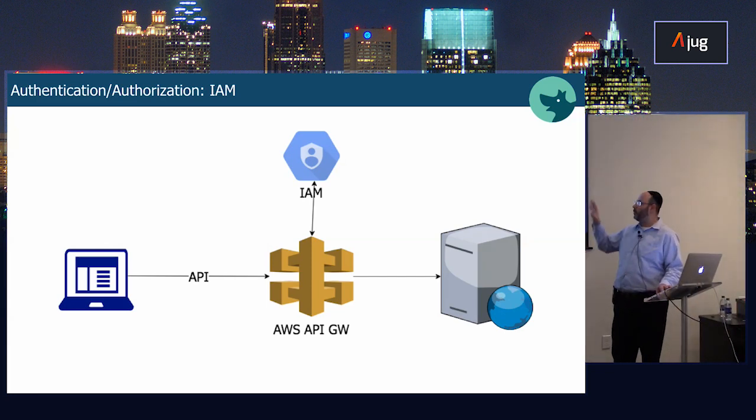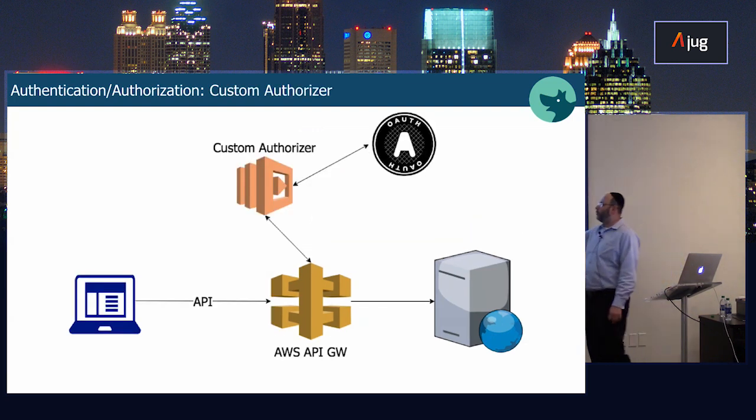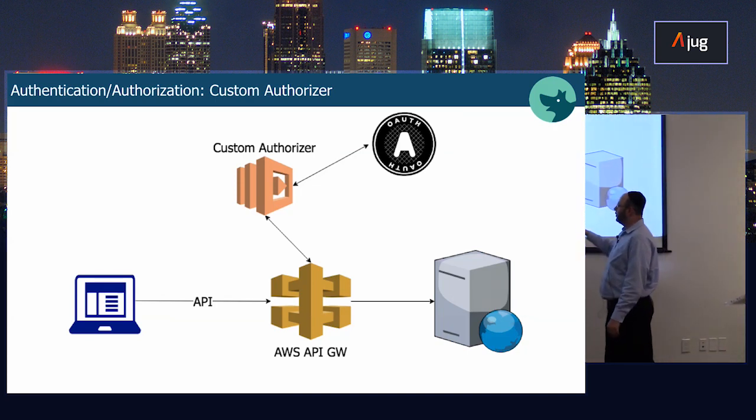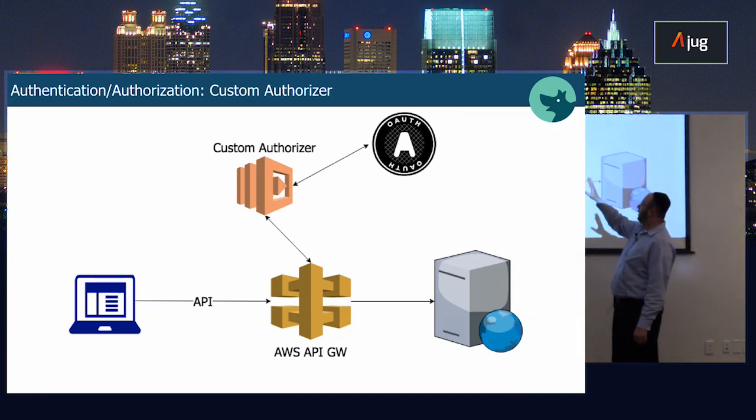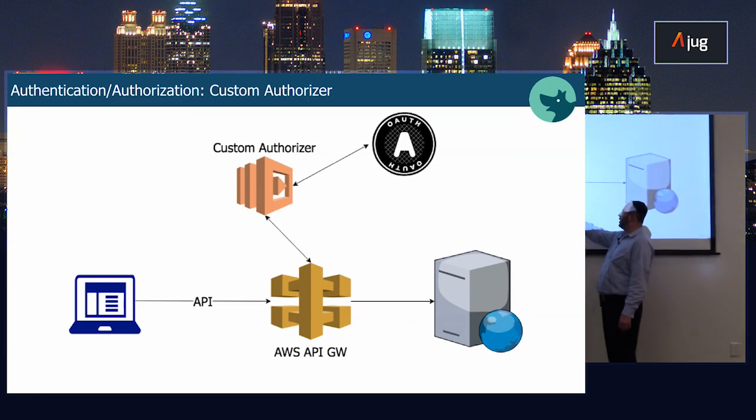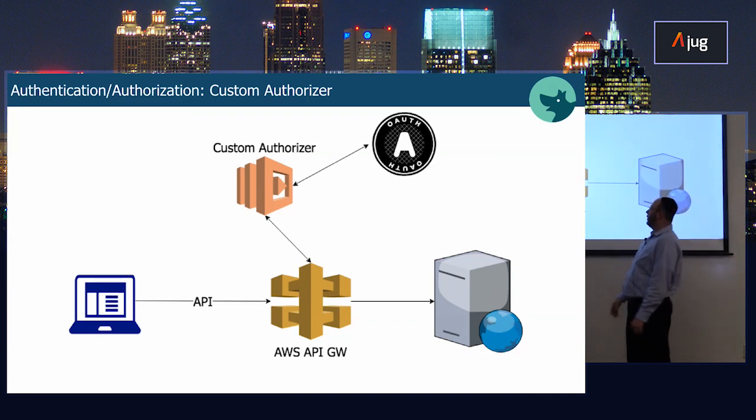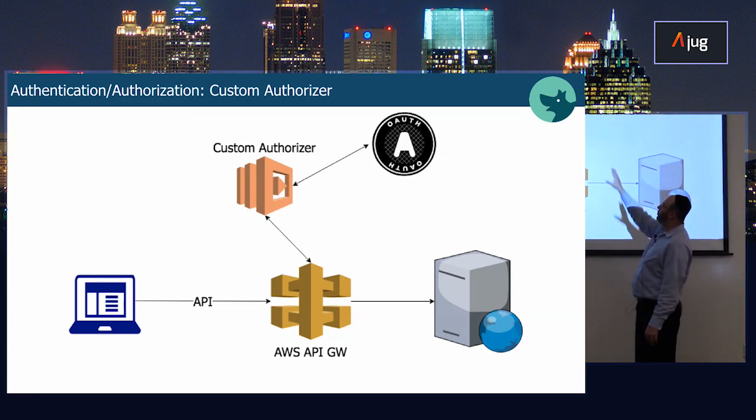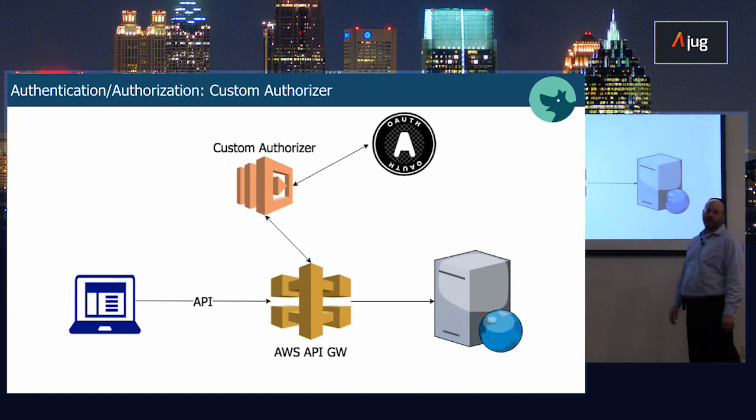Now, this is not something that we utilize, and so I'm not incredibly familiar with this, but this is an option. This one is one I'm more familiar with because this is exactly what we do. And we, in fact, handle all of the authentication authorization at the AWS API Gateway layer. And what you could do is you can write your own custom authorizer, which is a Lambda function.